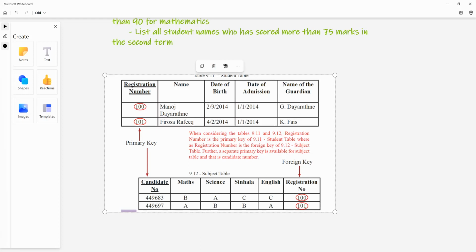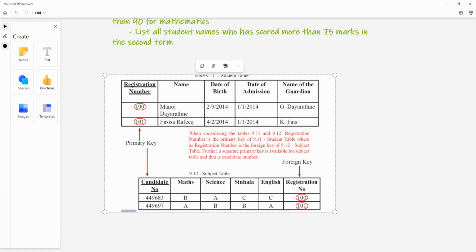One is that it should be common to both tables. Registration number is common to both, so the first condition is met. But the second must also be met: it should connect to the primary key of the other table. If you look at the other table, the registration number is not its primary key. So registration number in the student table is not a foreign key. So there are no foreign keys in table 1.